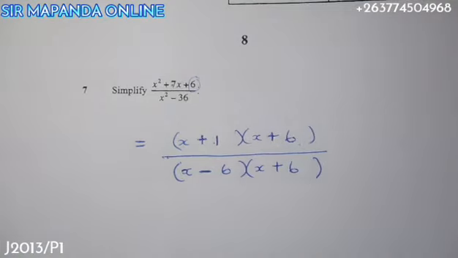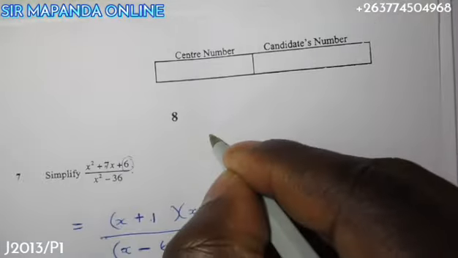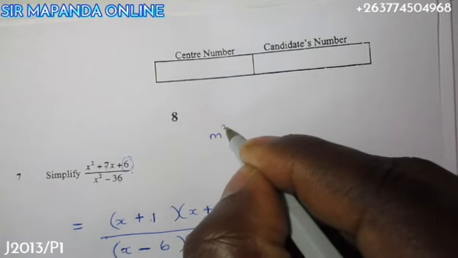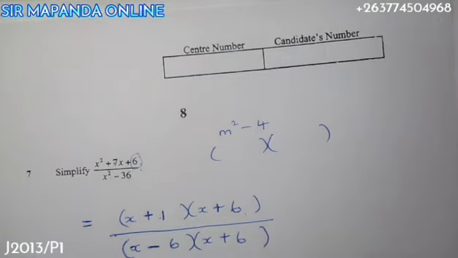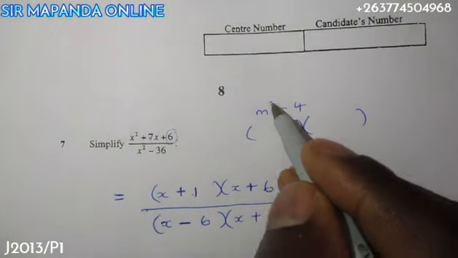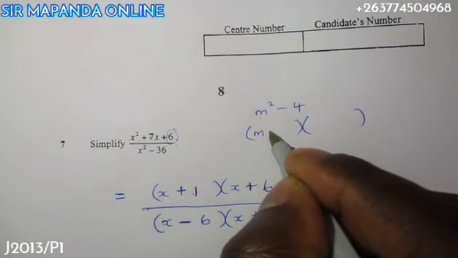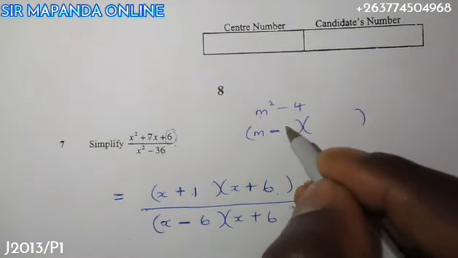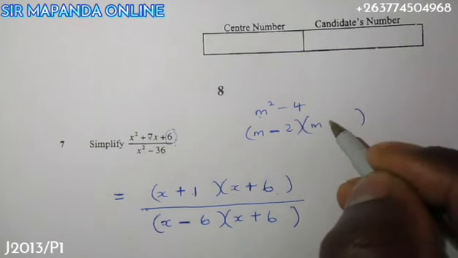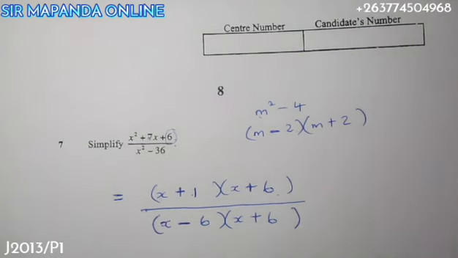So for a difference of 2 squares, you must have the first bracket with negative and the other bracket with plus. I hope you are following. The same applies if you have m squared minus 4. The square root of m squared is m, minus the square root of 4 which is 2, but the second bracket must have plus in between.